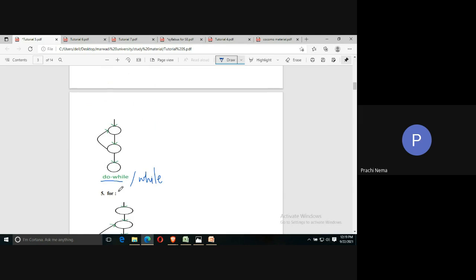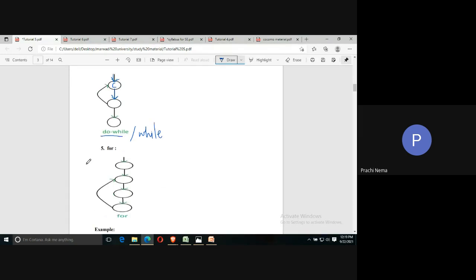So that difference has been represented here. It will execute once, then afterwards it will check; if the condition is true then it will execute again, otherwise it will terminate. Like that, this control flow graph can be drawn for do while.